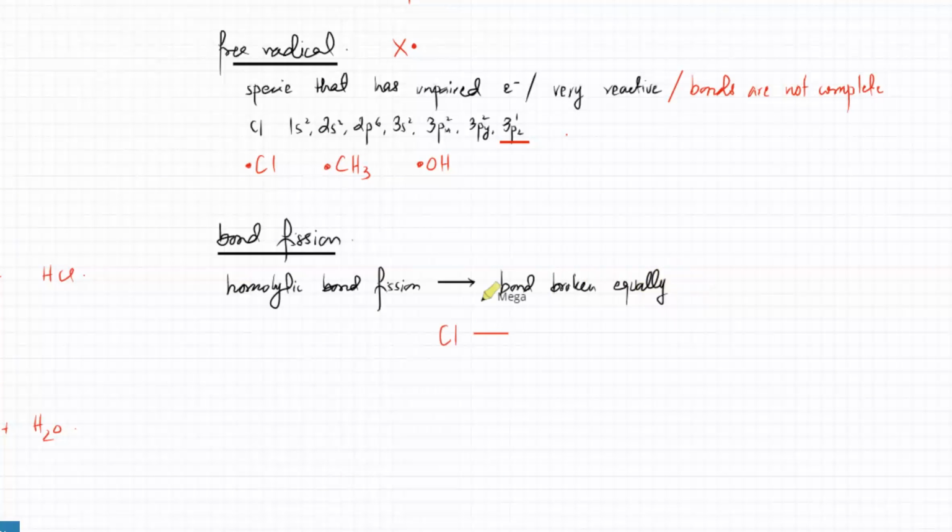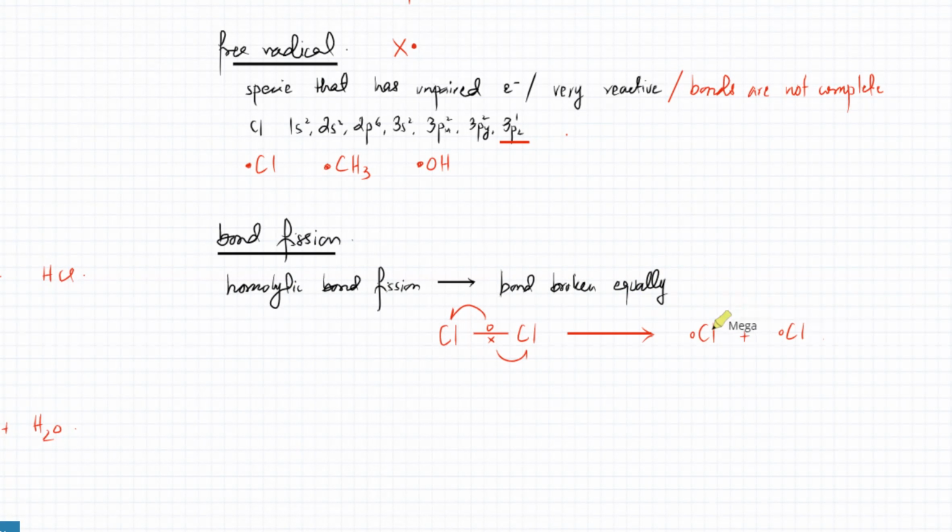So you've got a Cl2 molecule, and the bond breaks. One electron goes back to one Cl, one electron goes back to the other Cl, and the bond is breaking equally. So that results in the formation of two radicals, because the Cl bonds are now not complete.